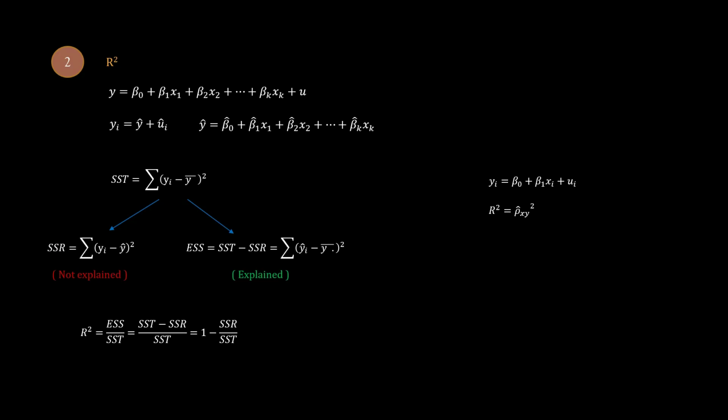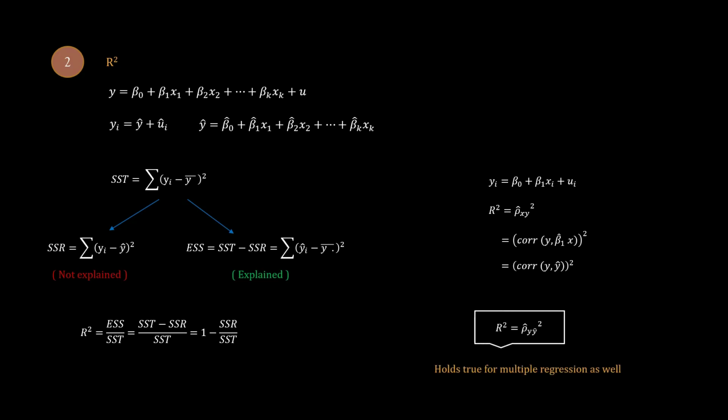This is the same as correlation between y and fitted y. In multiple linear regression, this expression holds true as well. In fact, the OLS estimator fits the line in such a way that the correlation between y and y hat is maximum.